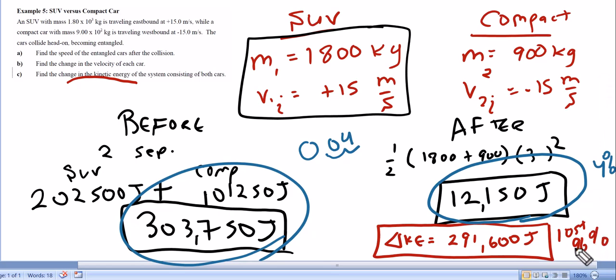Where does that energy go? It goes to the destruction of the cars, them becoming mangled, humans hurt, other casualties. So just to put this all into perspective, this is what we started with. This is how much energy was in the system. This is how much energy we have afterwards. This is how much energy was lost. And so we have 96% loss and only 4% energy recovered at the end.